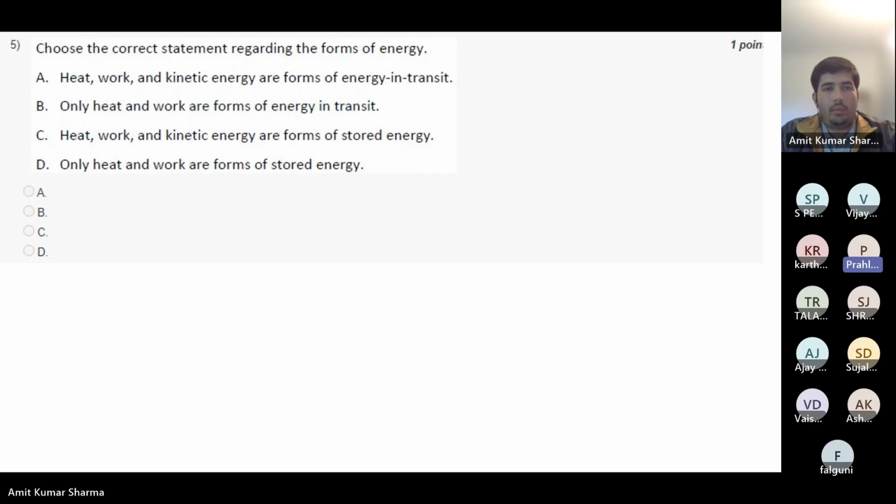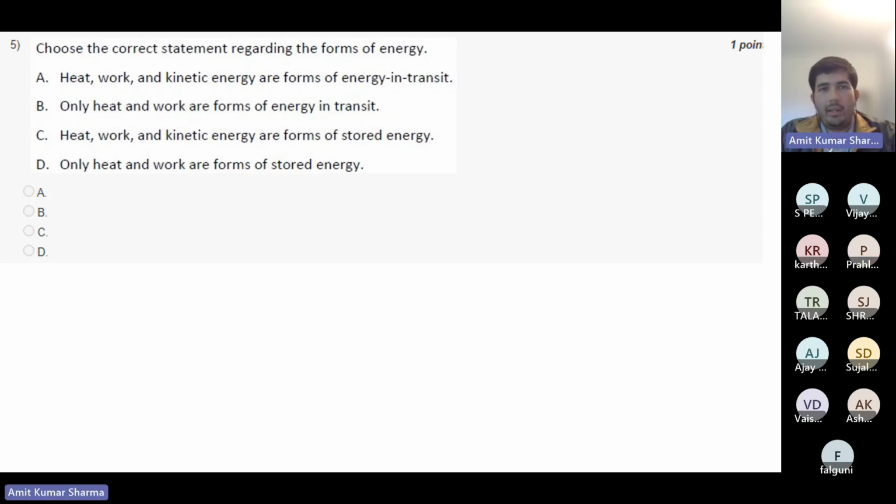These are types of energies that a body or a system is possessing at that given time. Basically only two forms of energies are there, either heat energy or work energy, that we can use or convert. Heat is converted to work and work is converted to heat. And for the remaining, I think only point B is right.